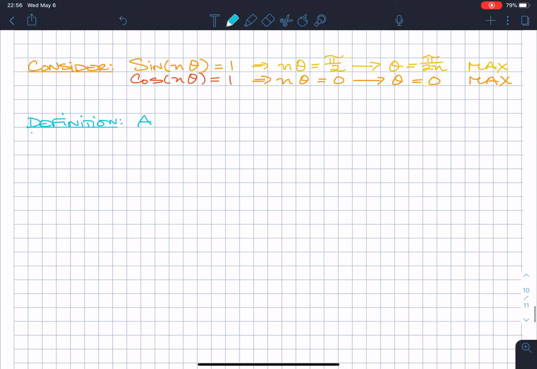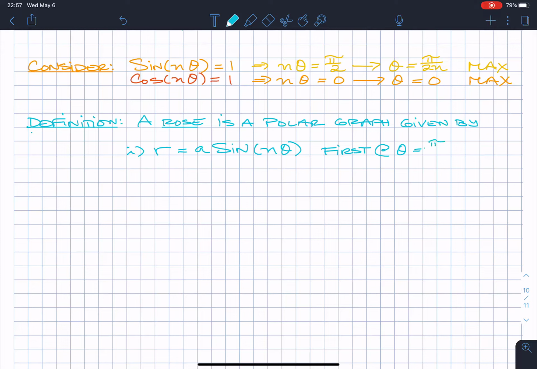A rose is a polar graph given by either r is equal to a times sine of n theta, and this would be first along theta equals pi over 2n.